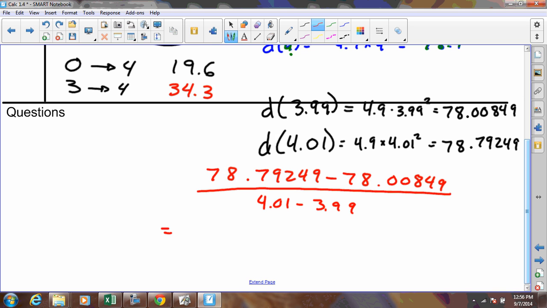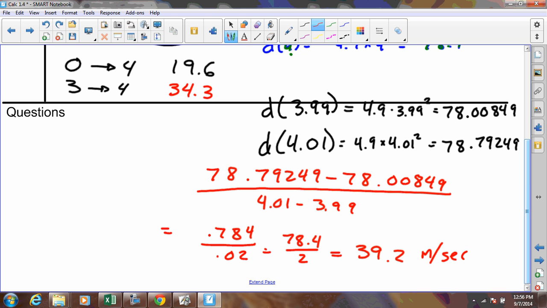When we simplify those, 792 minus 8, that's 0.784 over 0.02, which is 78.4 over 2, and that is equal to 39.2. Even over this tiny little distance, that's its current speed. 39.2 meters per second is how fast it's falling.